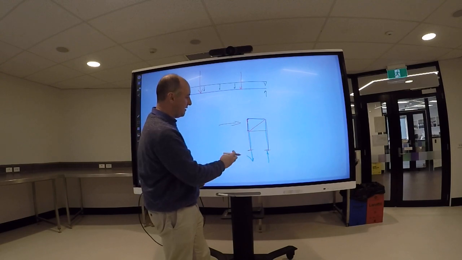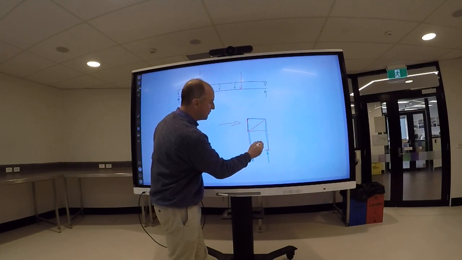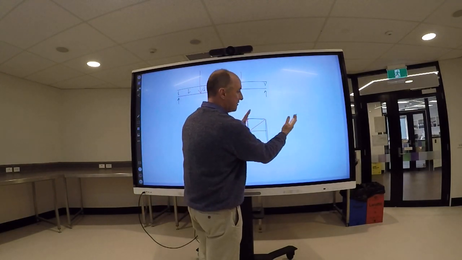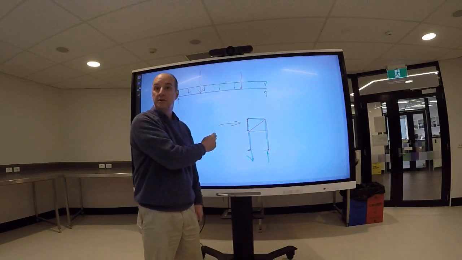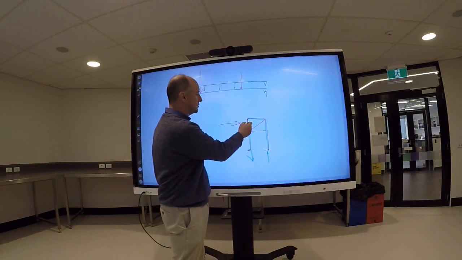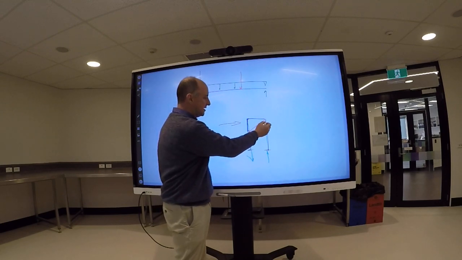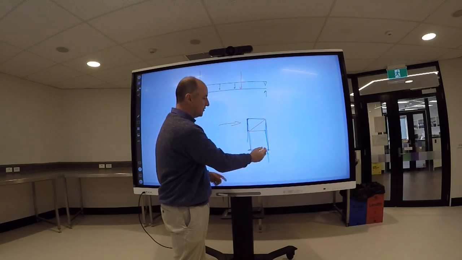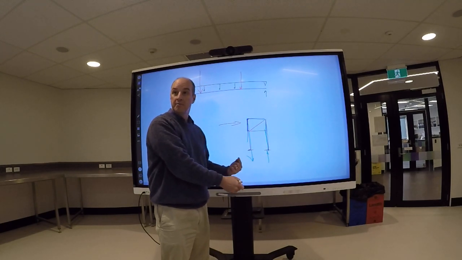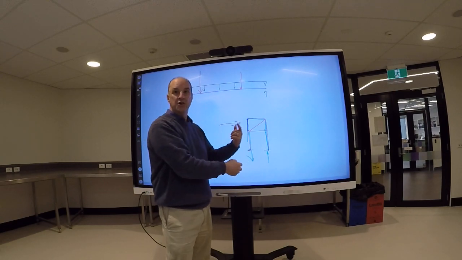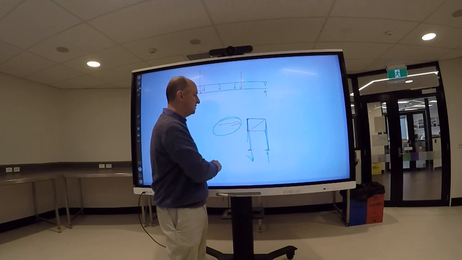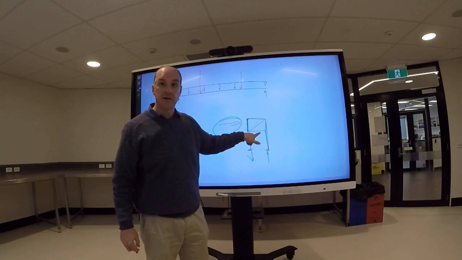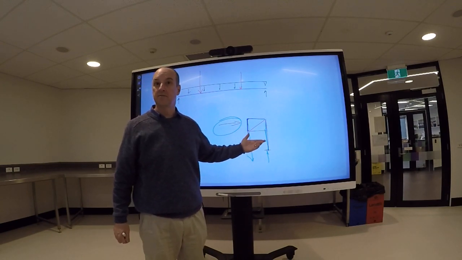If you don't hold that down enough, that whole thing is going to rotate around there and tip over under that load. So you've got to design that bit, you've got to design that bit for the downward force, you've got to design the whole thing for stability to make sure your overturning forces, which is that, is less than the righting forces, which is the capacity, okay?